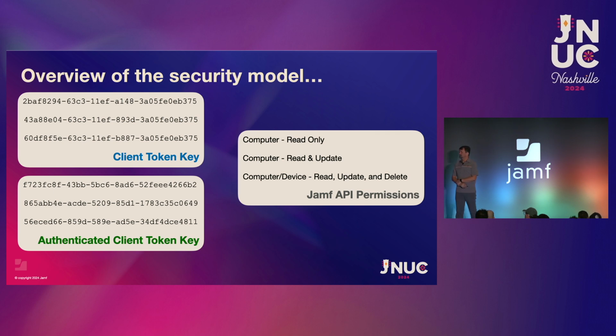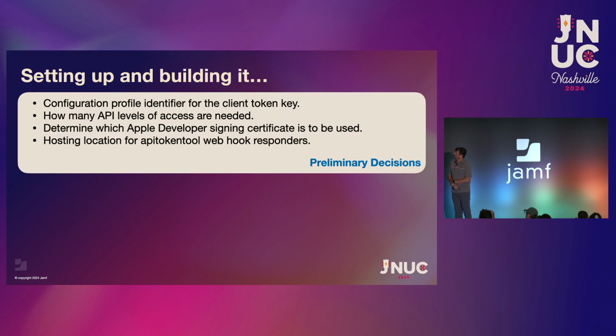The token key in this case would be delivered to the computer that you're running it on via a configuration profile. So when we're setting up and building this, you'll want to decide on the configuration profile identifier for the client token key, how many API levels of access are needed, which Apple developer signing certificate you're going to use, and the hosting location for your API token tool webhook responders.